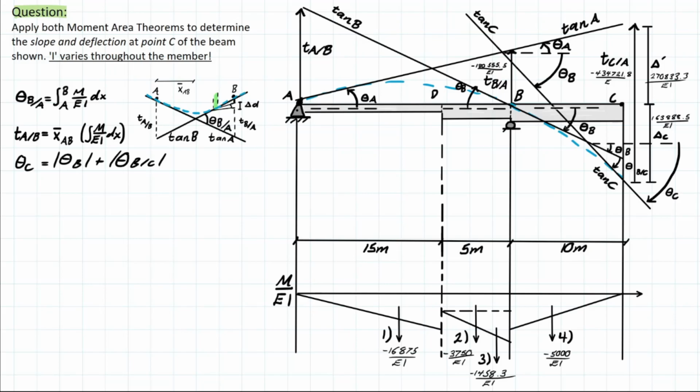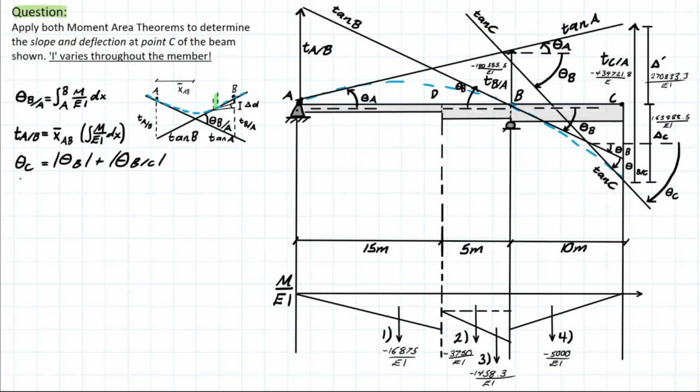So we have a theta B here, but we also have a theta B on this side as well. So if we solved for the tangent deviation AB, we can create a relationship between that theta B and TAB since we have the known length between the two. So that will be a simple relationship that we can solve for, and I'll show you what that looks like when we get to it, okay?